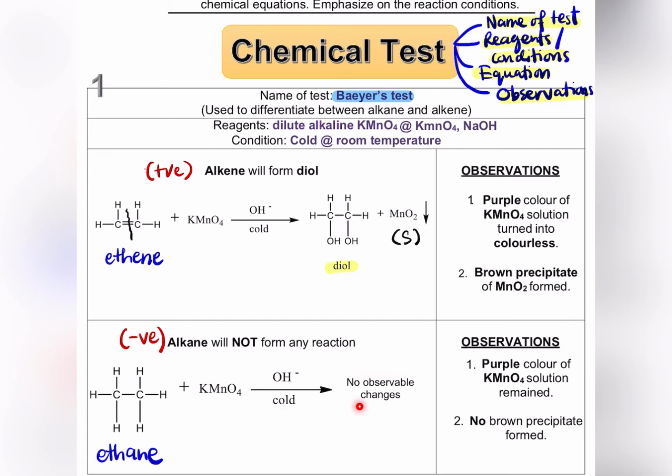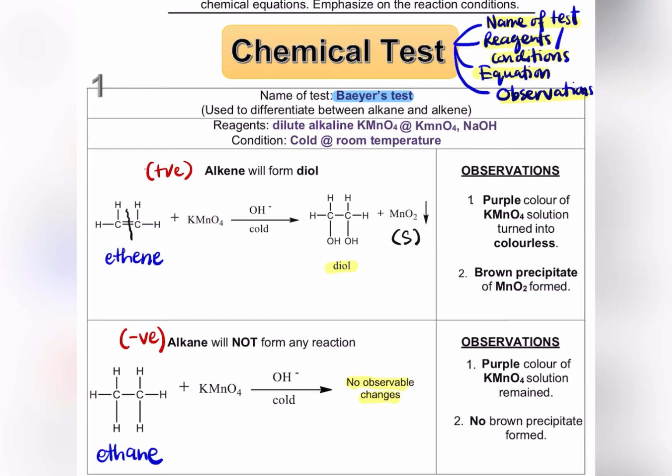Only this term can be put in the negative result for chemical equation. The term is no observable changes. You cannot use another term apart from this. Please choose the correct term as I use here. So this term will illustrate that alkane will not form diol in the chemical equation.